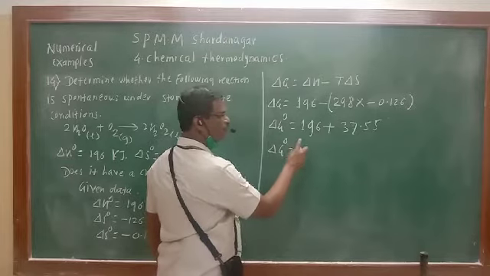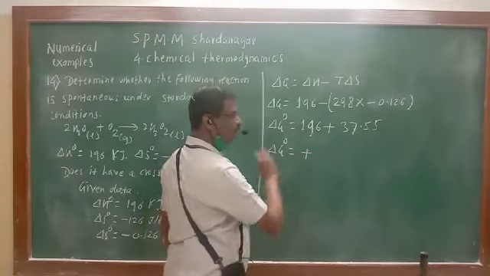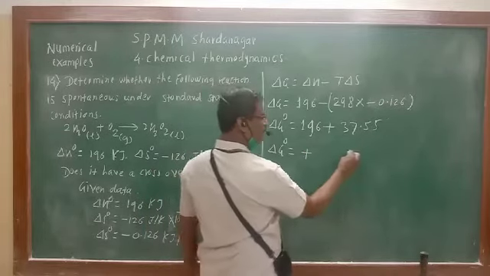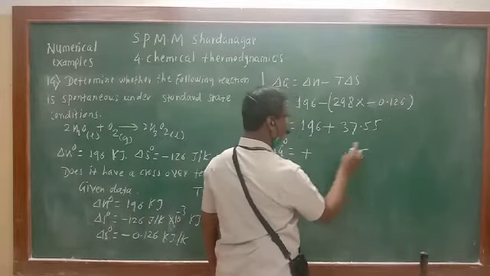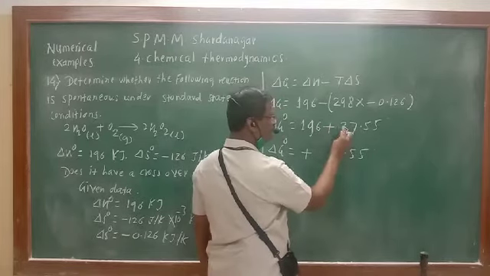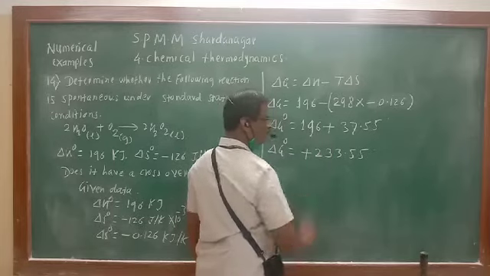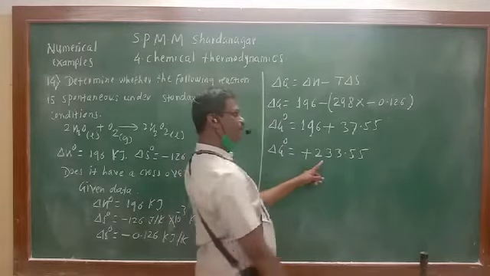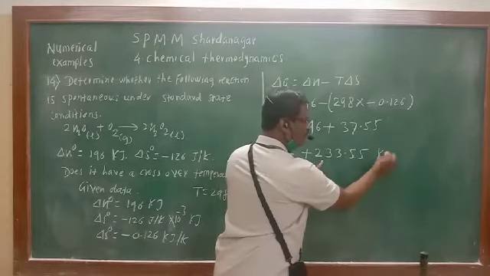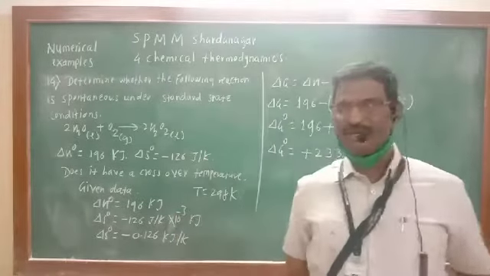Delta G naught will be equal to, this is plus, this is also plus, so the answer is also positive. 233.55 kilojoule is the answer for free energy.